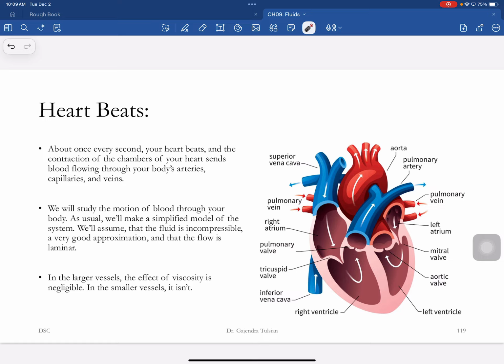So that's the system. Oxygen-depleted blood comes here, gets sent to the lungs. From the lungs, the oxygenated blood comes back to the left atrium, which is sent to the left ventricle, and then you have oxygenated blood sent to the whole body.